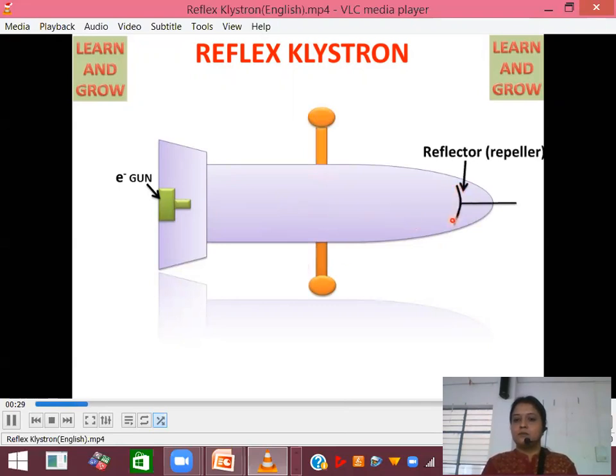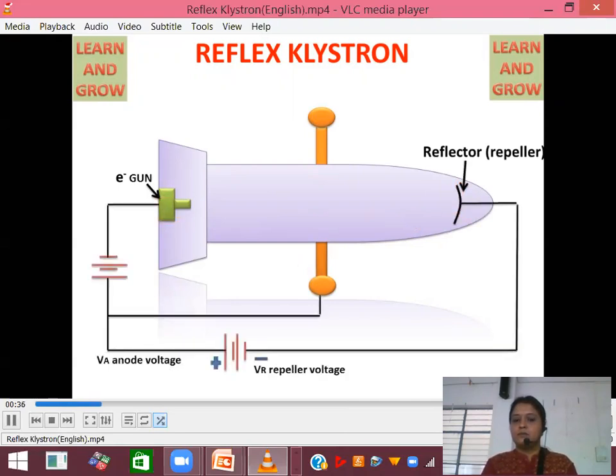It has a reflector or repeller, and an electron gun, in which two voltages are used: one is the repeller voltage, which is connected with the repeller or reflector, and another is the anode voltage. One cavity is taken as an anode and carries positive charge, and the repeller is connected with the negative terminal of the battery.